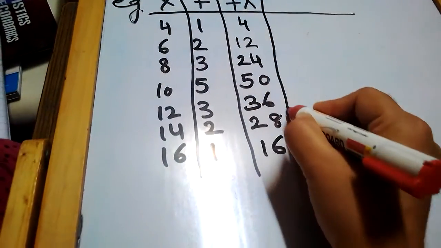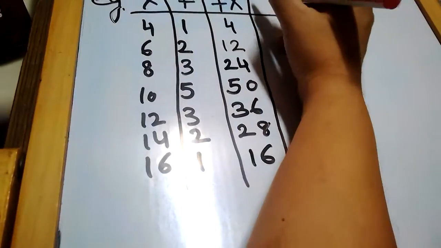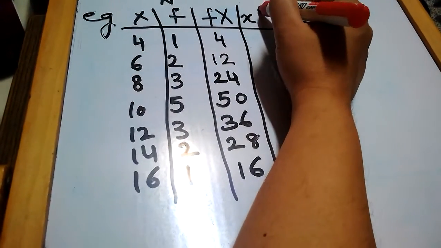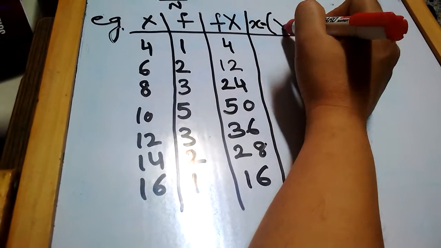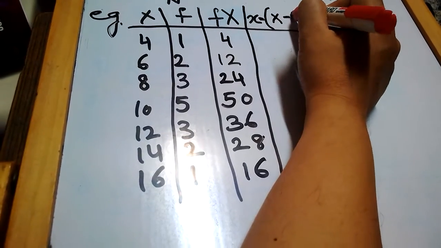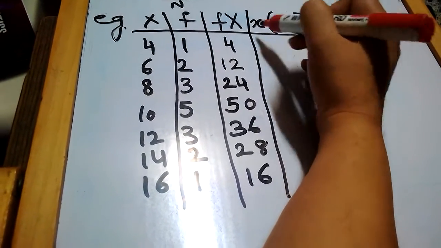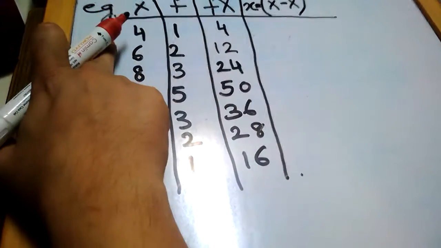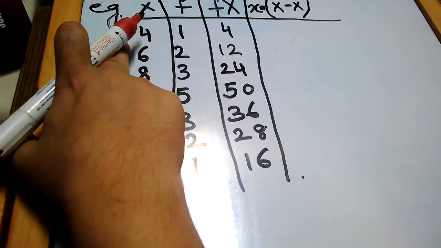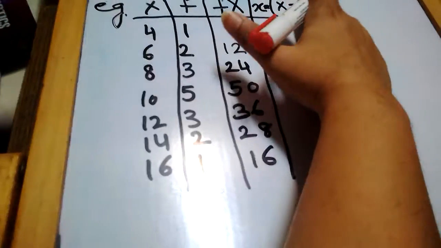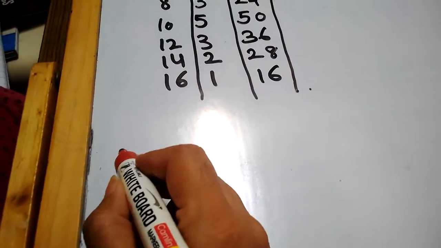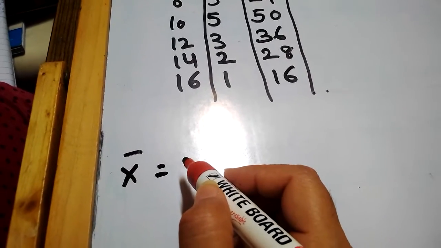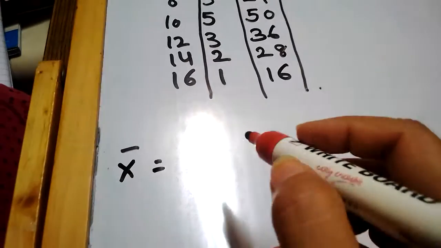Now moving further, where is this small x coming from? We have to calculate x minus x bar. This small x will be calculated by subtracting x bar from the value of x given to us. So we will have to calculate this x bar, which means the mean.